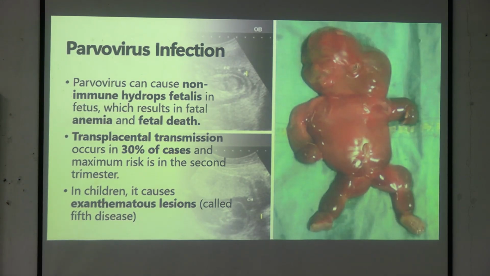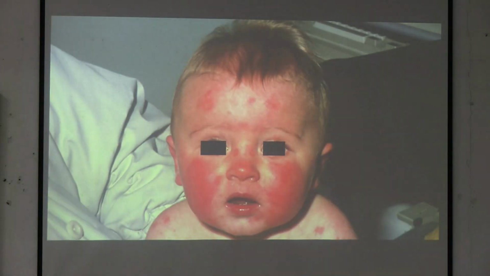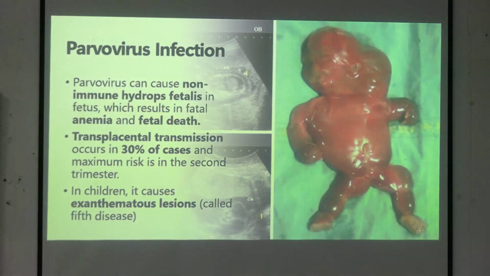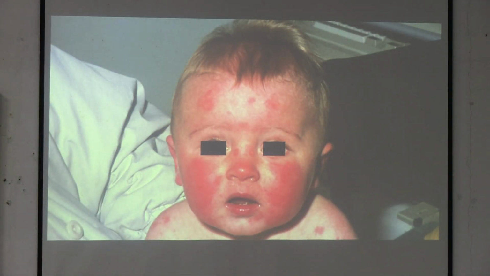Next you have parvovirus. As I told, parvovirus in the children will cause slapped cheek syndrome or 5th disease, but in children it is not a very dangerous form of the disease.